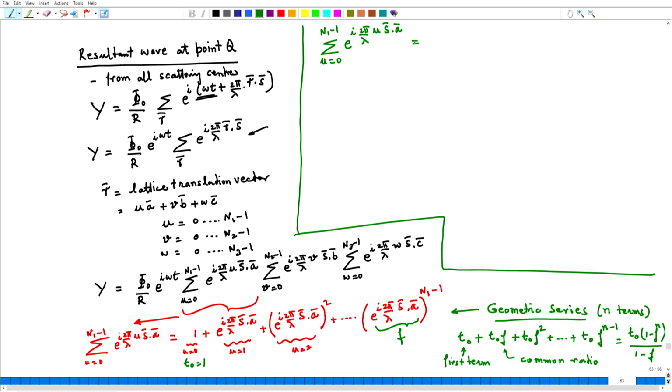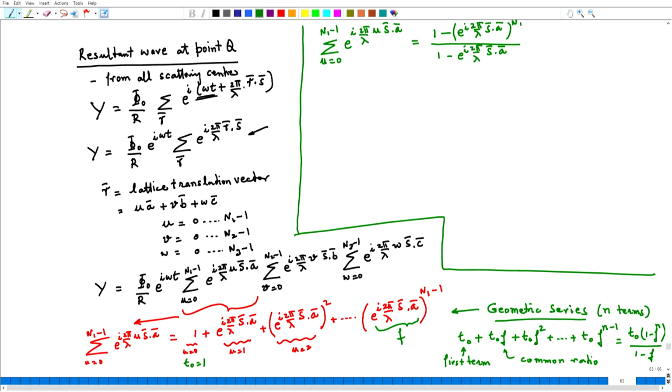This summation can be written as T0, which is 1, times 1 minus f to power n1, where f is e to power i 2 pi upon lambda s dot a, divided by 1 minus e to power i 2 pi upon lambda s dot a.